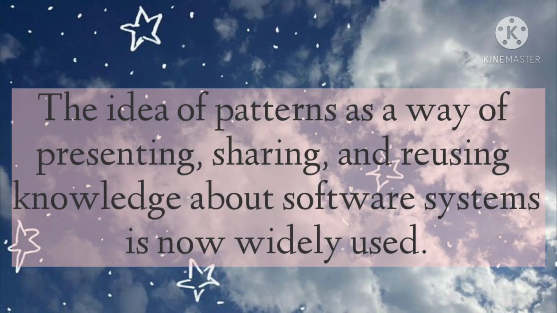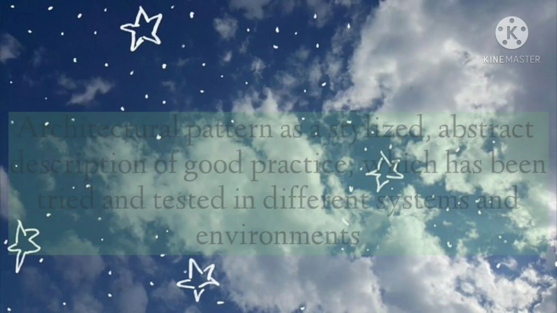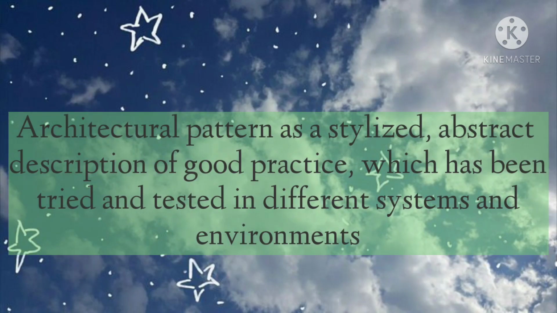What is architectural pattern? The idea of a pattern as a way of presenting, sharing, and reusing knowledge about software systems is now widely used. An architectural pattern is a stylized, abstract description of good practice which has been tried and tested in different systems and environments.